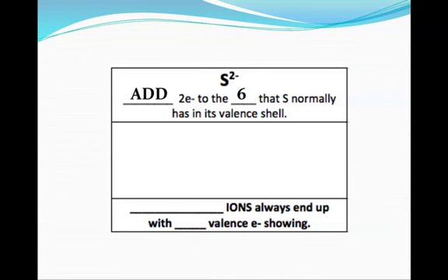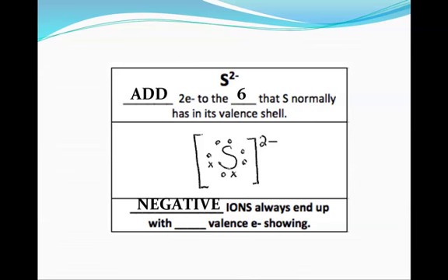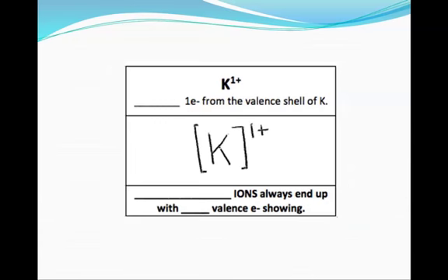If we add to that, we end up with 8. So we place the S in the center, with the 6 that it originally had plus 2 additional ones, so it ends up with 8 electrons. We put brackets around it, and then we put the charge on the outside of the brackets. We're going to find that negative ions always end up with 8 valence electrons, so if you can remember that, it definitely saves you some time.